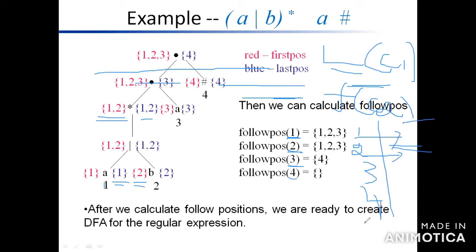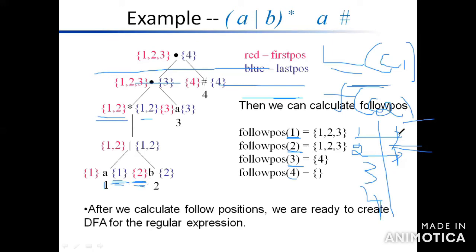Okay, now just check it. The last position of C1 is 1, the first position of C2 is 2. So 1 can be followed by 2. Then the last position of C1 is 1 and the first position of C2 is 2, so 1 and 2 can be followed by the follow position of i, same position.